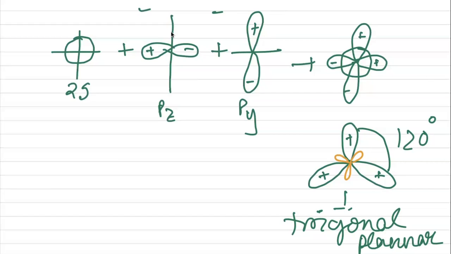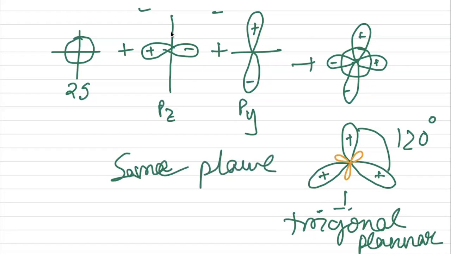They will remain in the same plane. These three orbitals will remain in the same plane. This is sp2 hybridization.